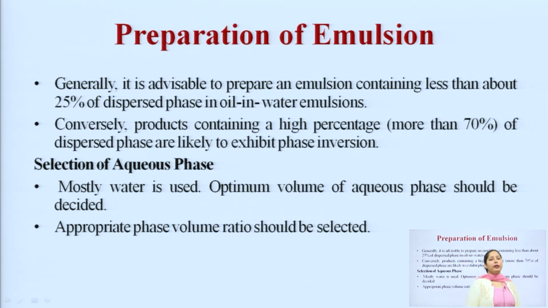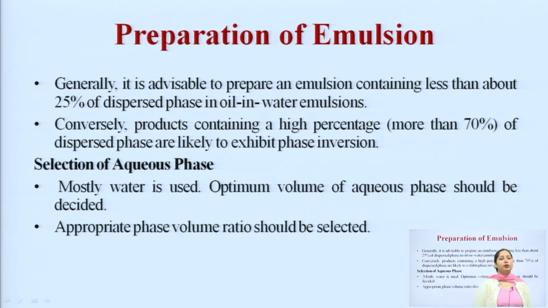So, for preparing the emulsion, we generally keep the amount of the dispersed phase less than 25%. If the percentage of the dispersed phase exceeds 70%, there are more chances of phase inversion. That is, if I am preparing oil in water, then a water in oil type of emulsion will be formed.